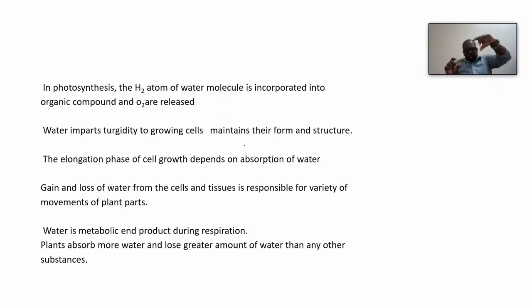And even the gain or loss of materials from the plant takes place through water. For example, if you don't have water, the nutrients will not come. If you don't have water, photosynthesis will not occur. So it plays a very important role.